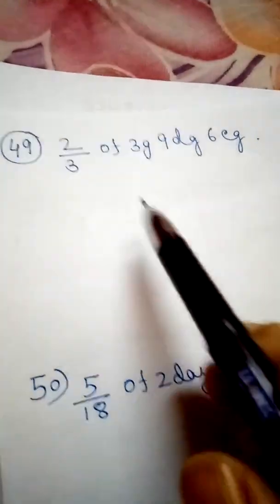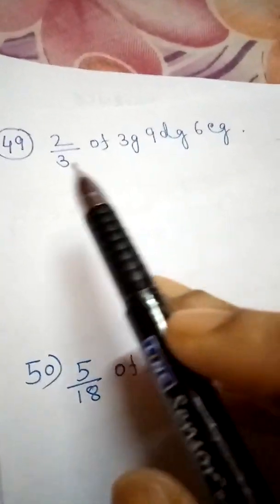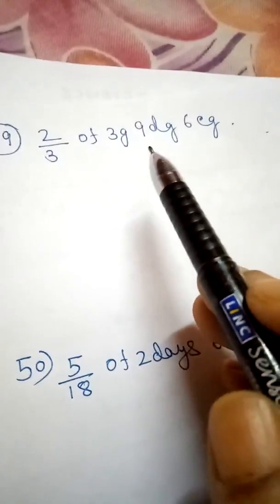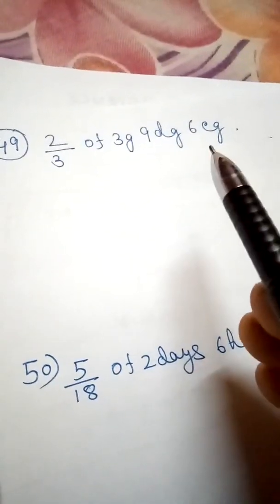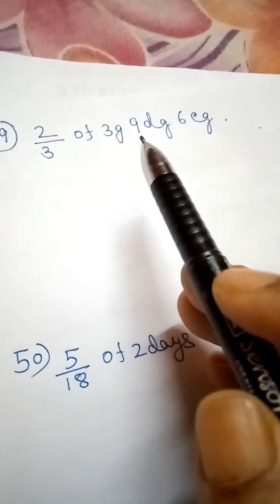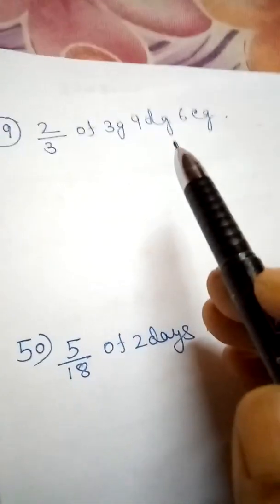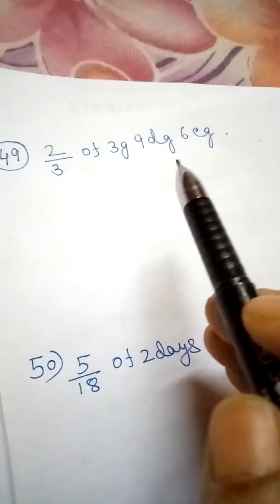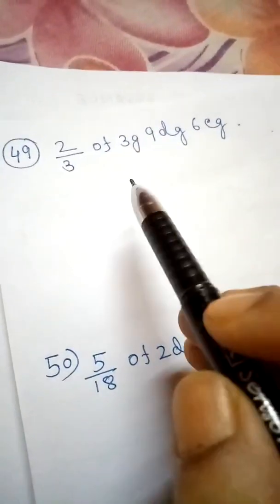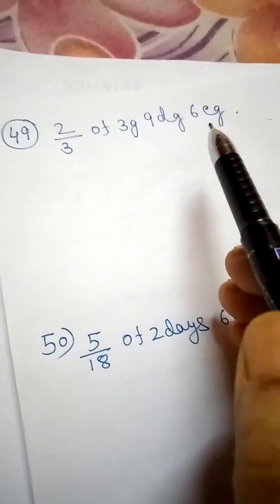So 2 by 3 of 3 gram, 9 decigram, 6 centigram. First of all, you have to convert 3 gram, 9 decigram, 6 centigram into a simple unit, into centigram. This is a compound quantity, you have to convert into a simple quantity, that is centigram.